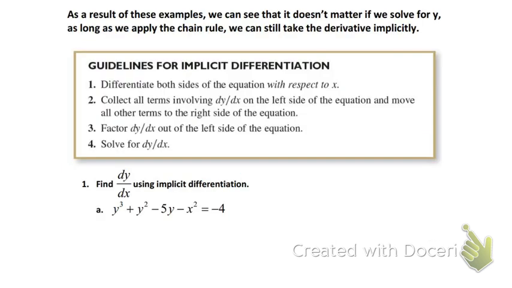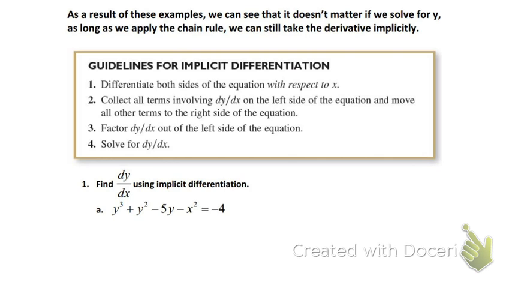So, okay, here are the guidelines. First of all, differentiate both sides with respect to x. Don't go canceling anything out. However it starts off, differentiate both sides with respect to x.